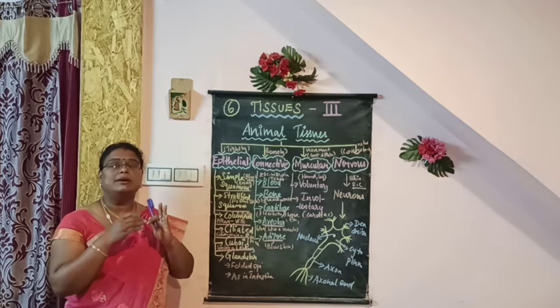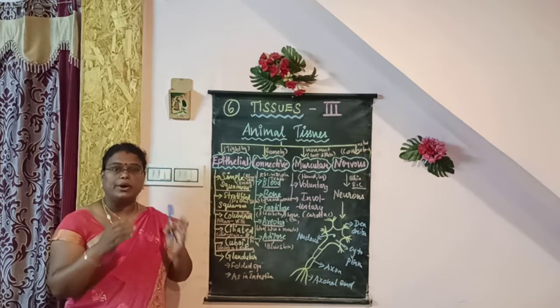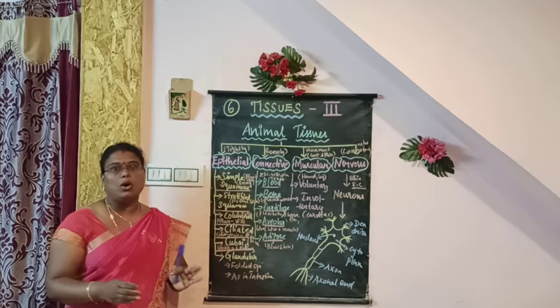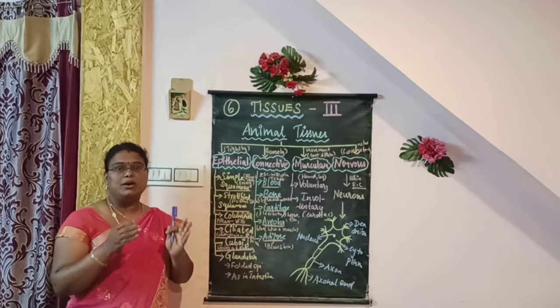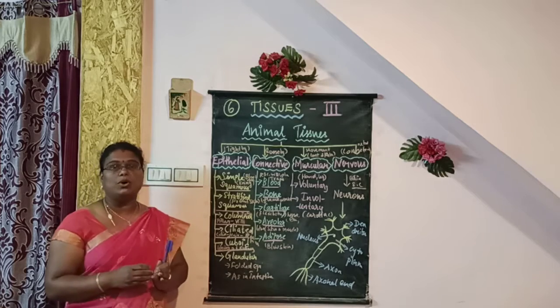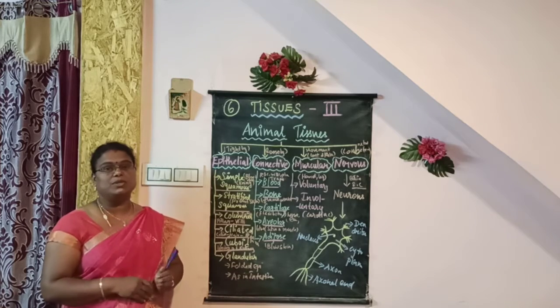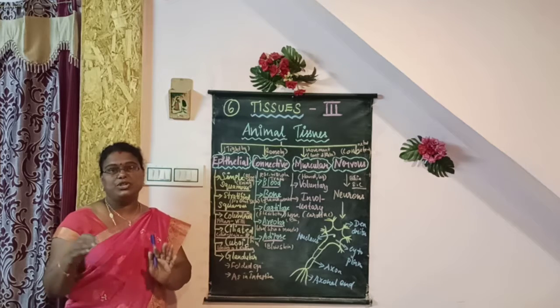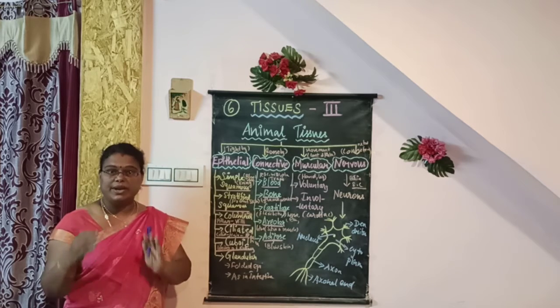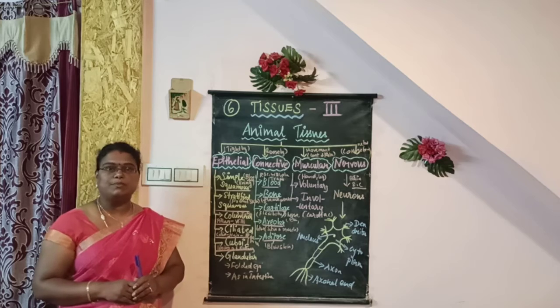It protects the group of tissues or organs or whole organisms. So the main function of epithelial tissues is protection. So these are called epithelial tissues. This forms a lining which helps in covering and also provides protection.